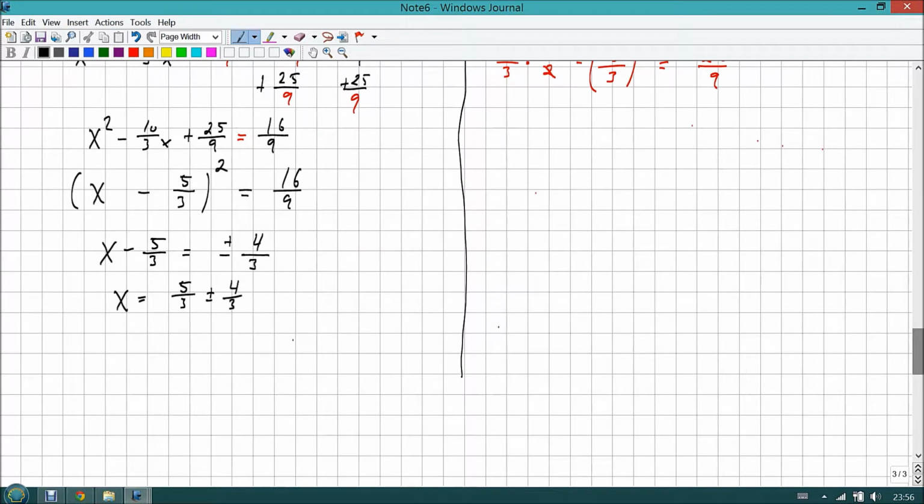Doing some pretty fancy arithmetic, this turns into 5 over 3 plus 4 over 3, which is 9 over 3. And also 5 over 3 minus 4 over 3, which is 1 over 3. 9/3 reduces to 3. So I have zeros at the coordinates of x is equal to 3 and 1/3.